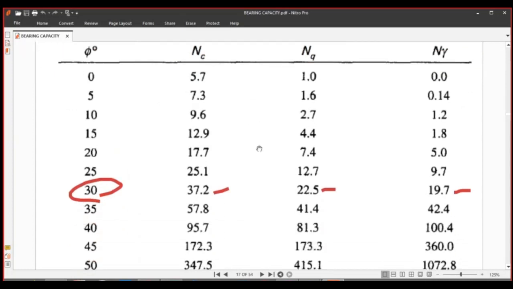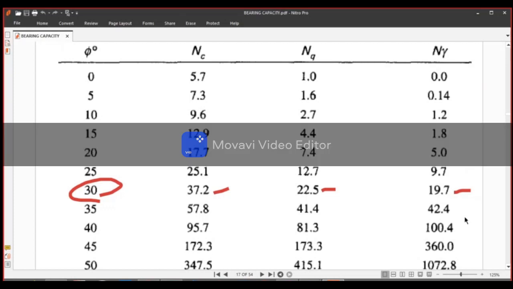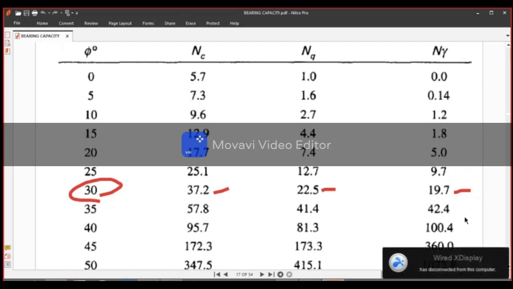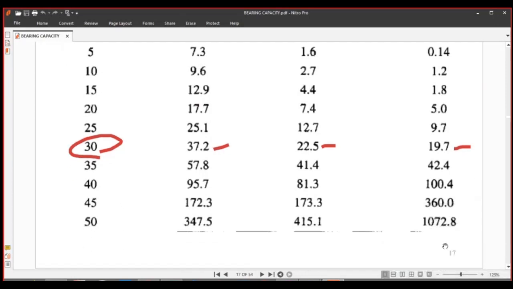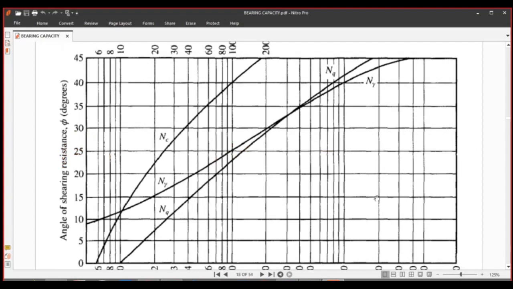But because this table doesn't give you the exact value in between 30 and 35, then you should utilize this chart.